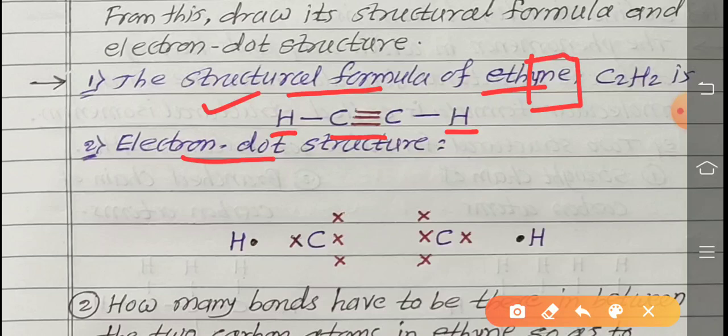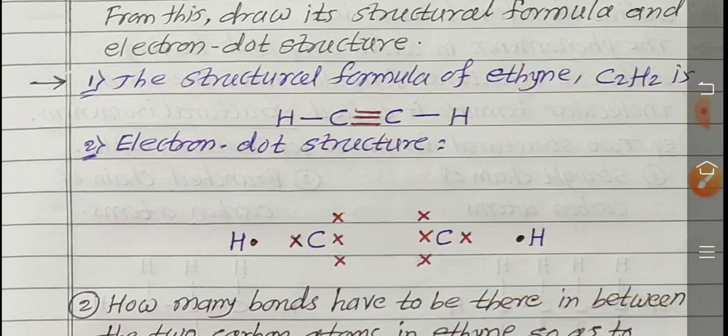The electrons of the carbon atom are shown by a cross and the electrons of hydrogen are shown by a dot. So if we join like this, there is a formation of bond. That is called an electron dot structure.